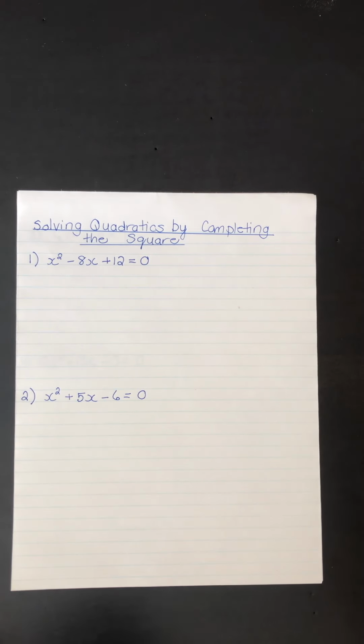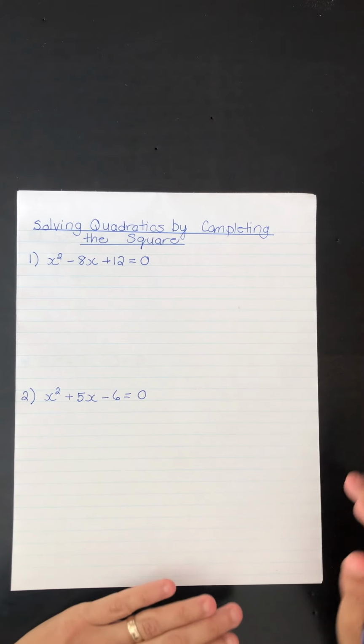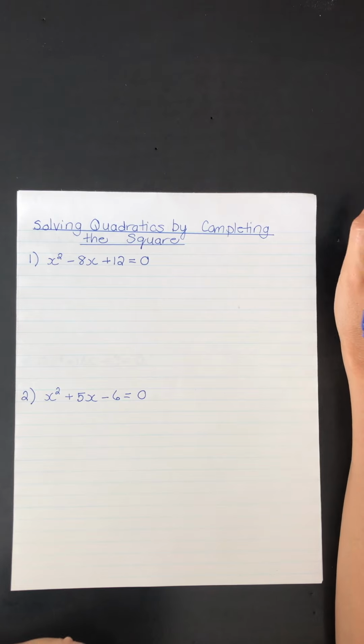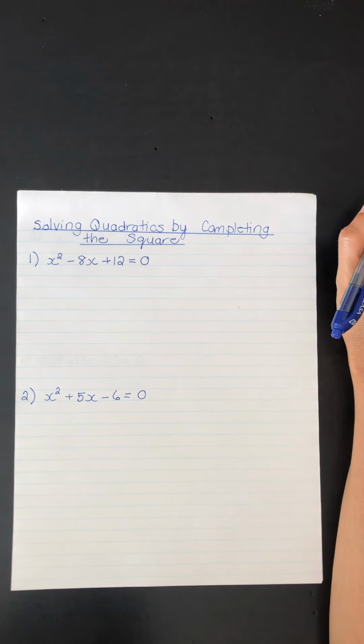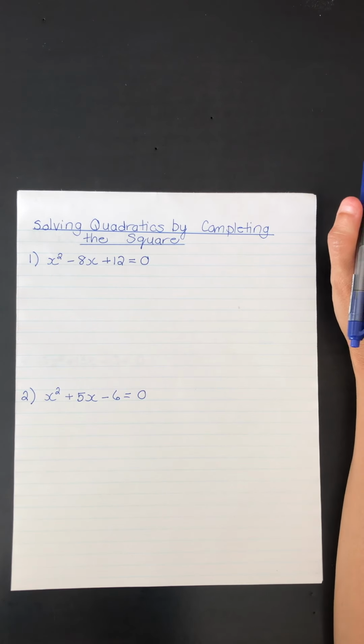Good day, everyone. Today we're going to look at solving quadratics by using completion of the square. You'll recall that in the last lesson we used factoring to solve the quadratics.